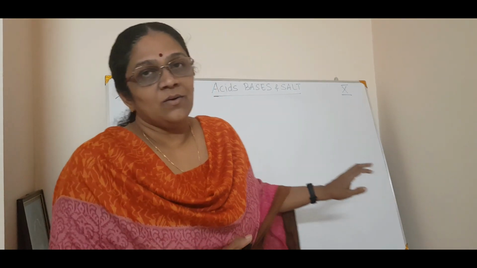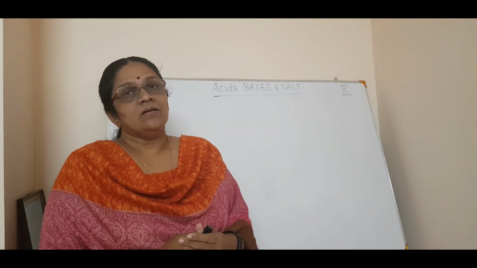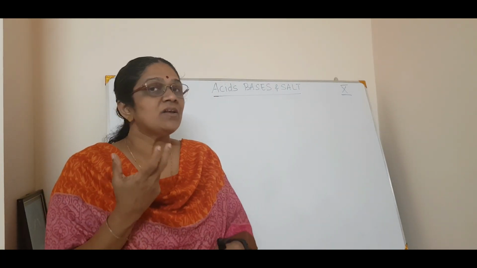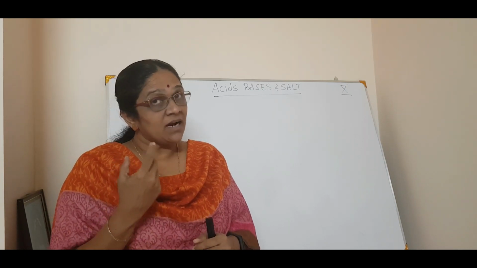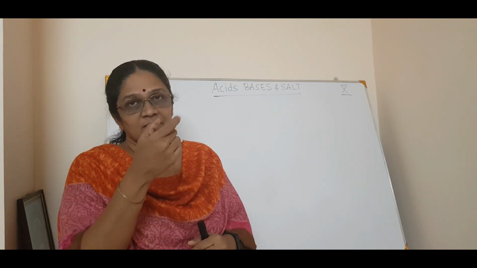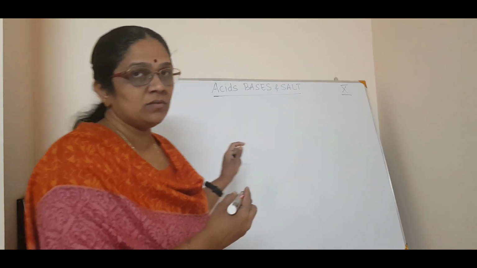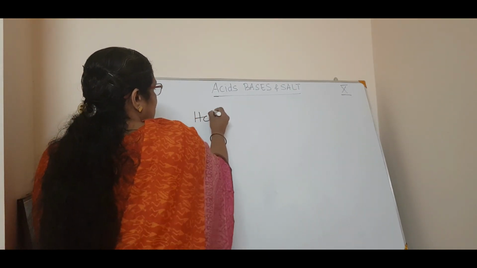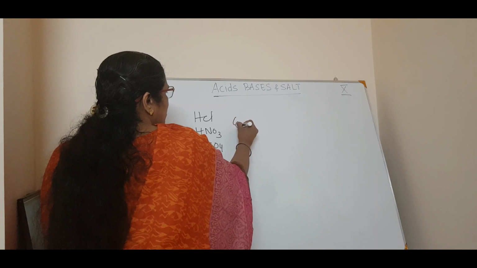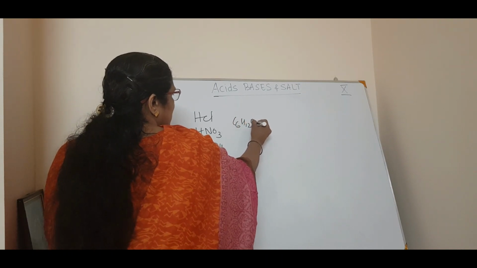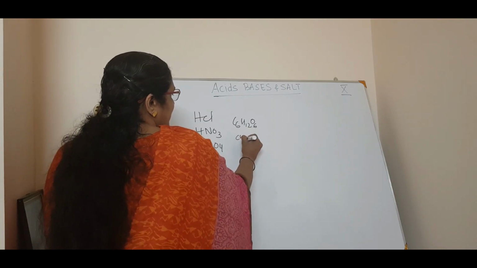Now, in the last session, we were dealing with what acids and bases have in common, isn't it? We did an experiment with substances like HCl, HNO3, H2SO4. You remember you did an activity with HCl, HNO3 or sulfuric acid along with glucose, C6H12O6, or an alcohol, for example CH3OH.